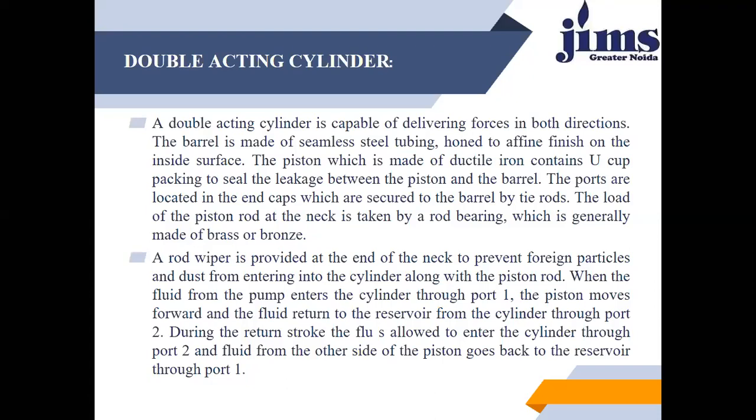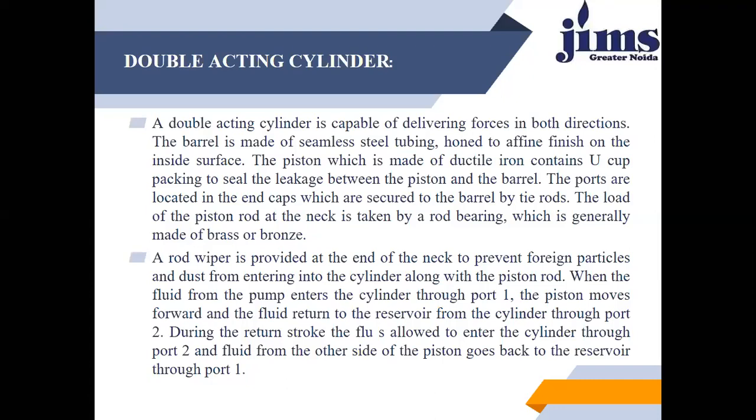The piston, which is made of ductile iron, contains the U-cup packing. What is the function of the U-cup packing? It seals any leakage that may occur between the piston and the barrel.